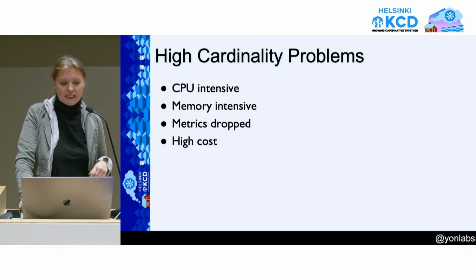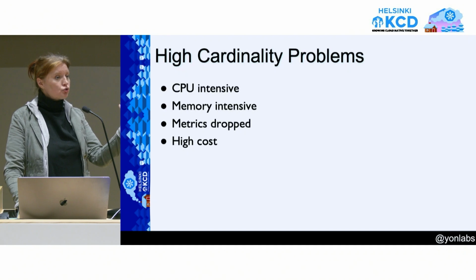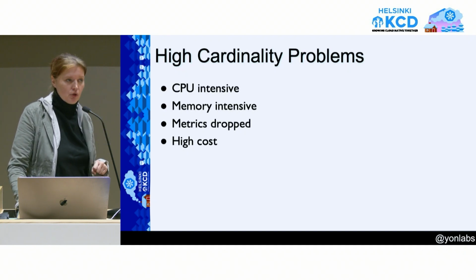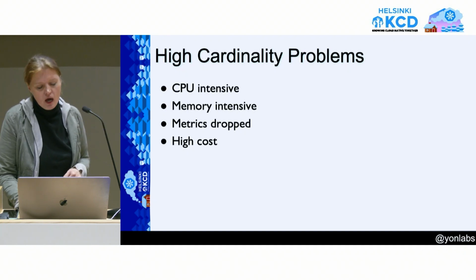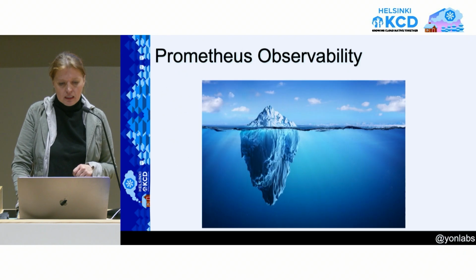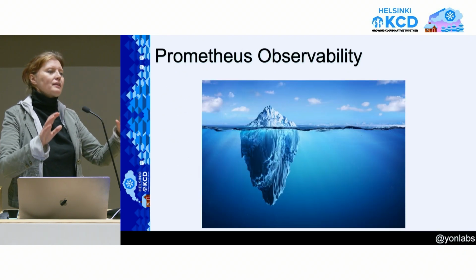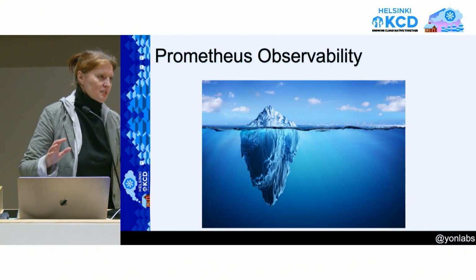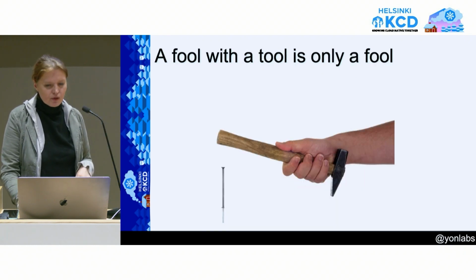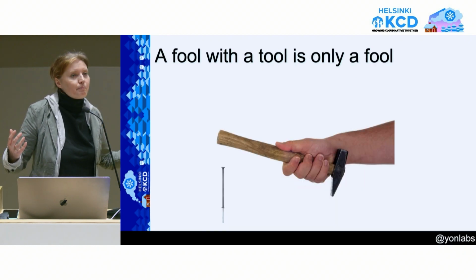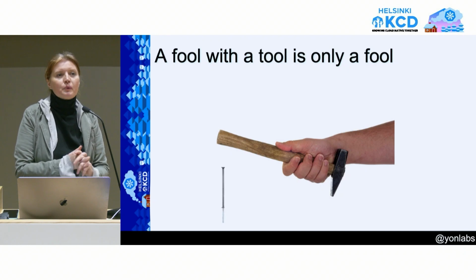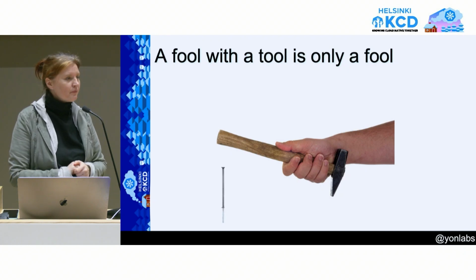Okay, so just to sum up, high cardinality I mentioned already, with CPU and memory intensity. Metrics silently dropped in case of cloud solutions pretty often, and high cost. And I can only say that's only the tip of the Prometheus iceberg. So be aware that a fool with a tool is only a fool.